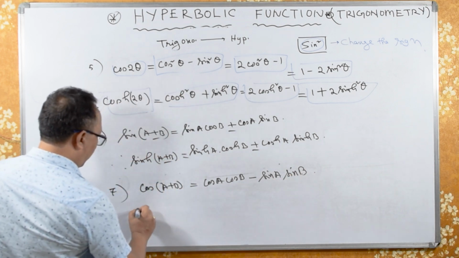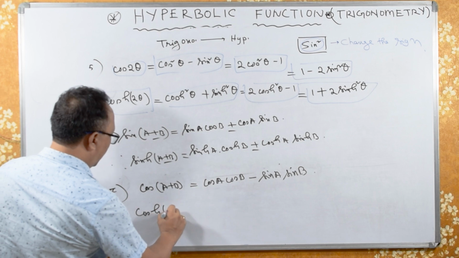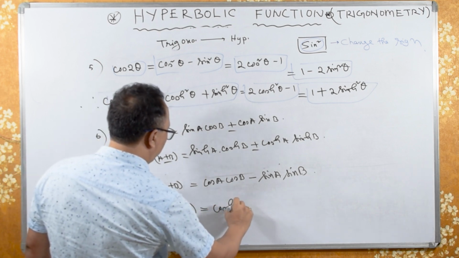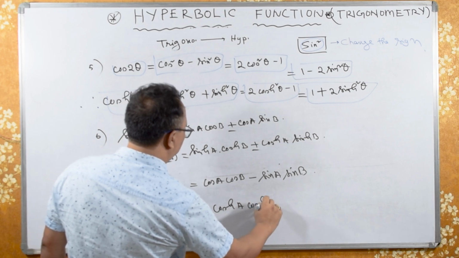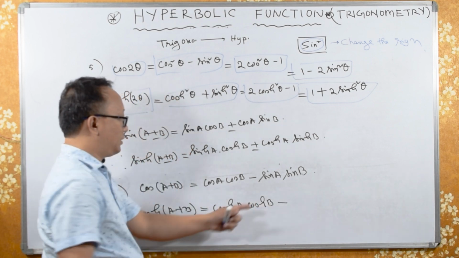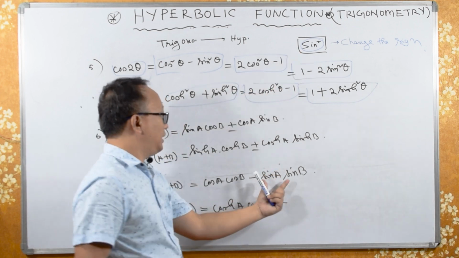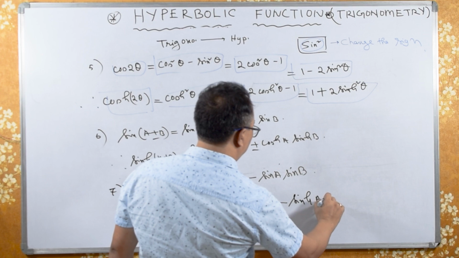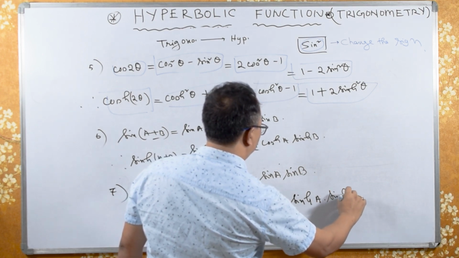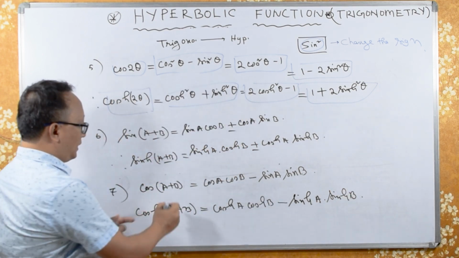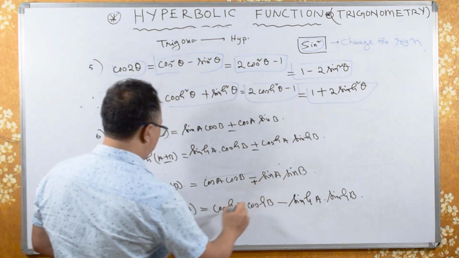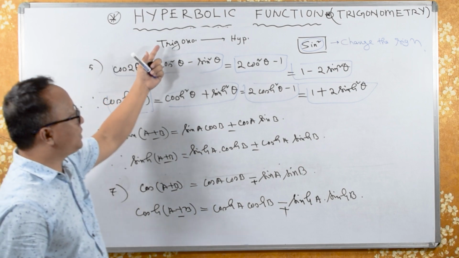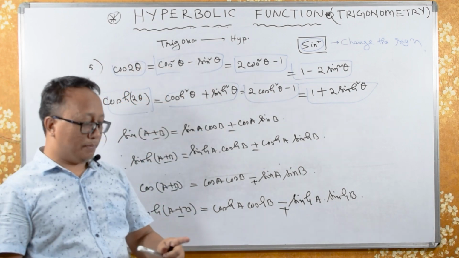Therefore, cos hyperbolic a plus b equals cos hyperbolic a cos hyperbolic b minus, the sign will not change because this is not a square, sine hyperbolic a into sine hyperbolic b. Therefore, if it is minus, then it becomes plus. These are a few trigonometric functions converted into hyperbolic forms.